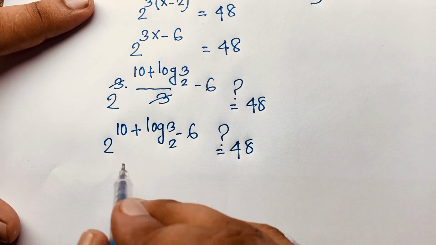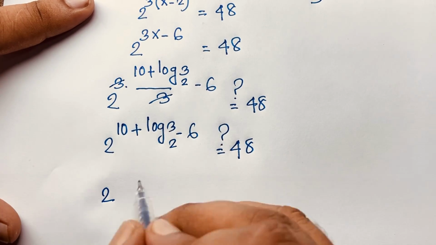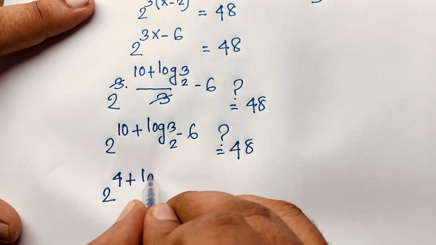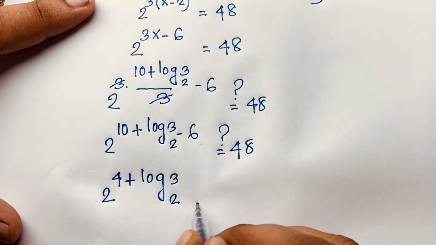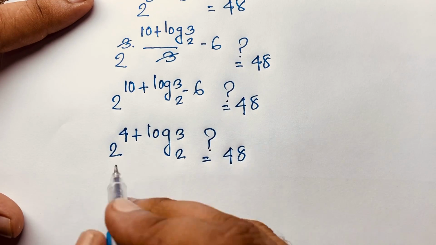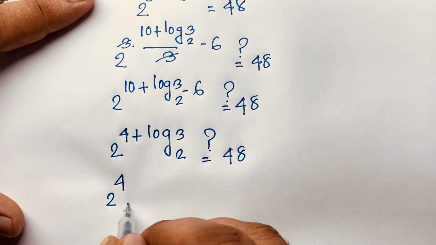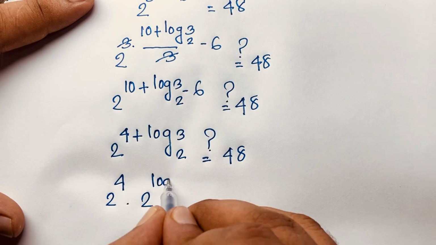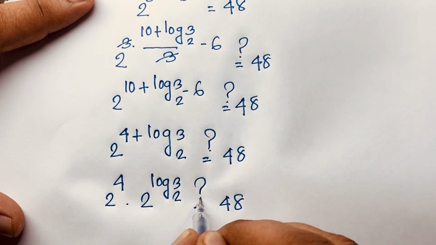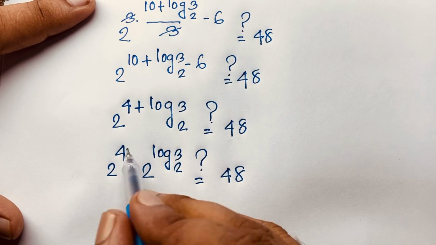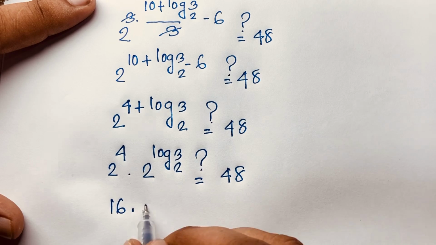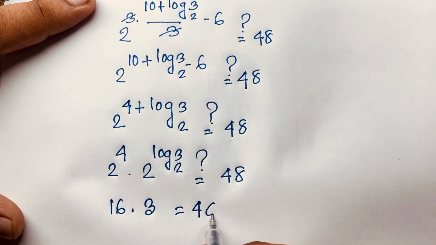At this moment, 10 minus 6 is 4, plus log 3 base 2, is equal to 48. Now you can see easily it will be 2 to the power 4 times 2 to the power log 3 base 2 is equal to 48. Now 2 to the power 4 is 16, times 2 to the power log 3 base 2, which is 3, is equal to 48.